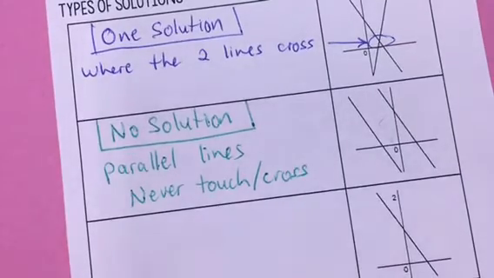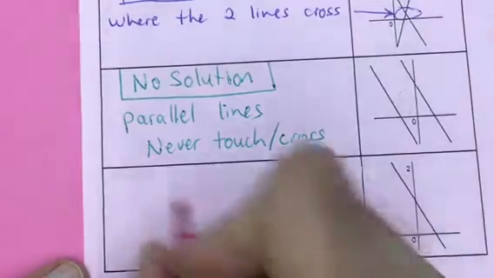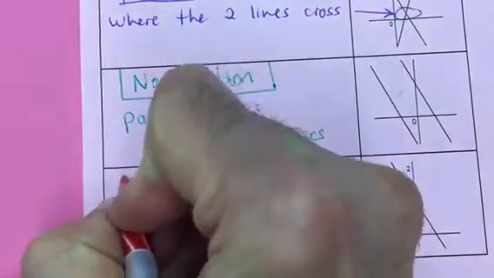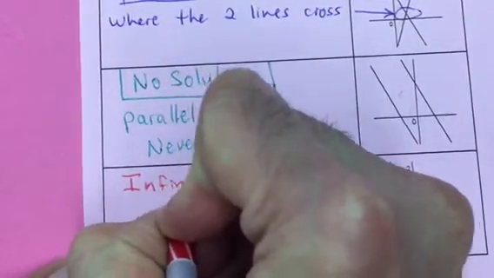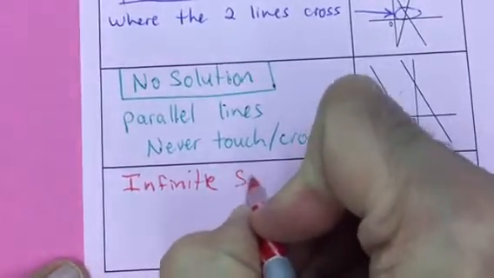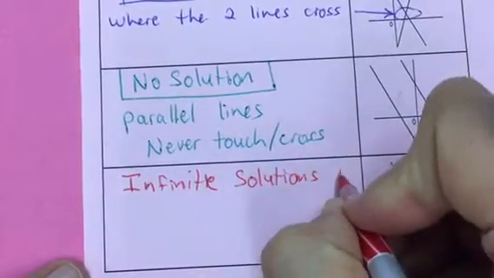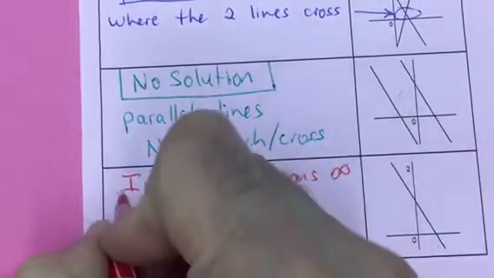The third type is right here: infinite solutions. Some teachers write it like this with the infinity symbol.